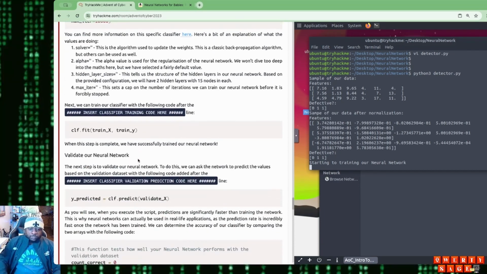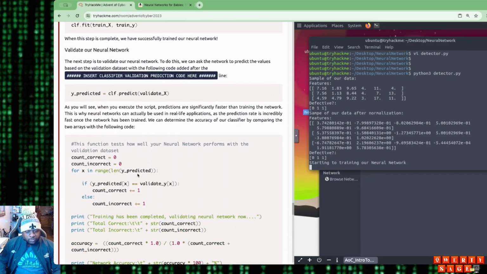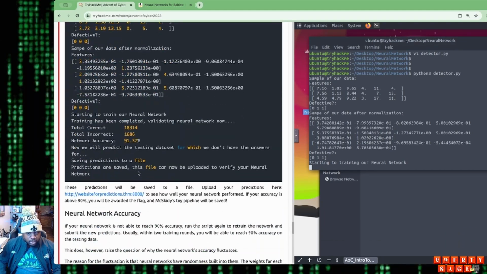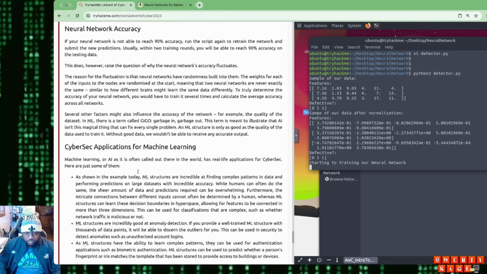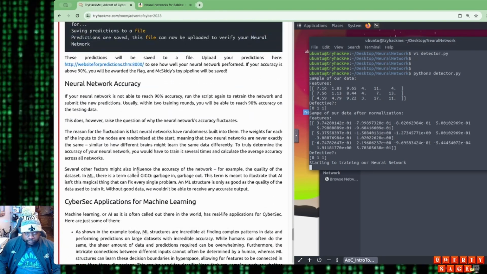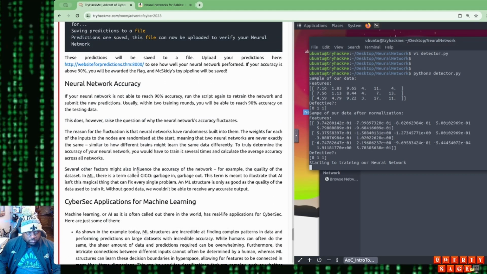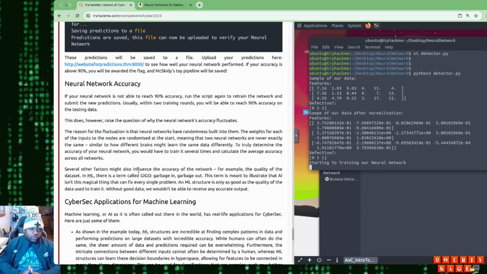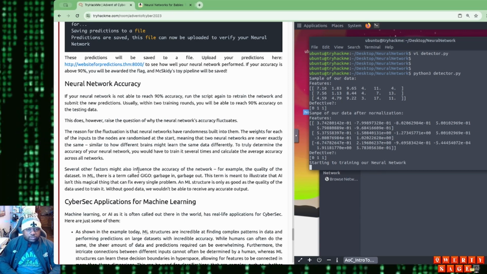So it's training, and if it's gonna run up to 10,000 times, like the code said it could, then hopefully it don't take too long.